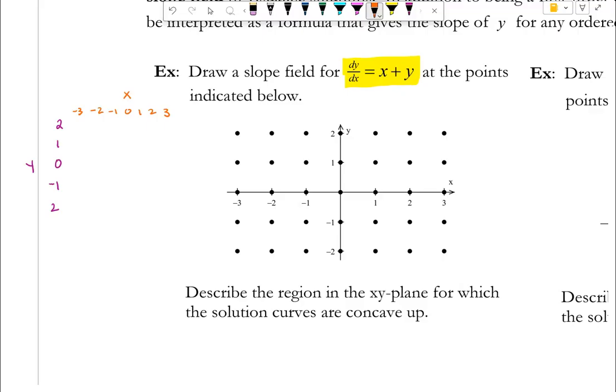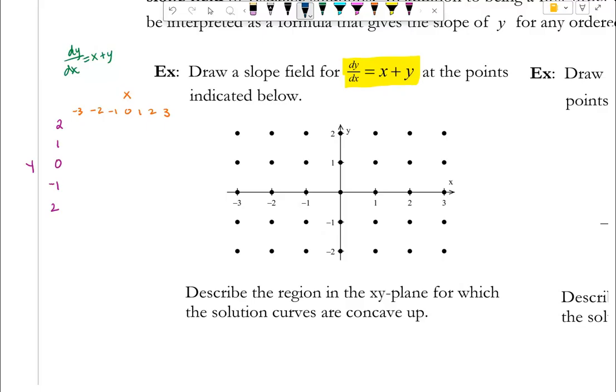So these are just the x and y values that are marked in our graph. But if I think about my slope, dy dx is just x plus y. So when I go to find my slopes here, I'm just going to add the x and the y values. I like to take it one number across.